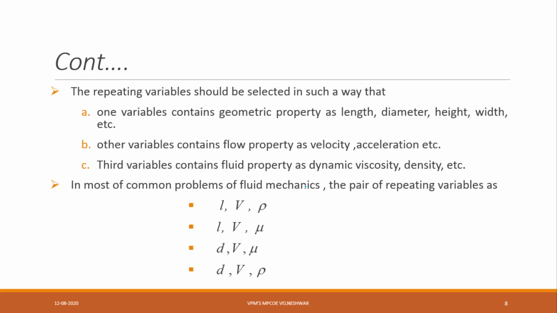Now the repeating variables should be selected in such a way that one variable contains a geometry property such as length, diameter, height, width, etc. Another variable contains a flow property like velocity or acceleration. The third variable is like dynamic viscosity or density.